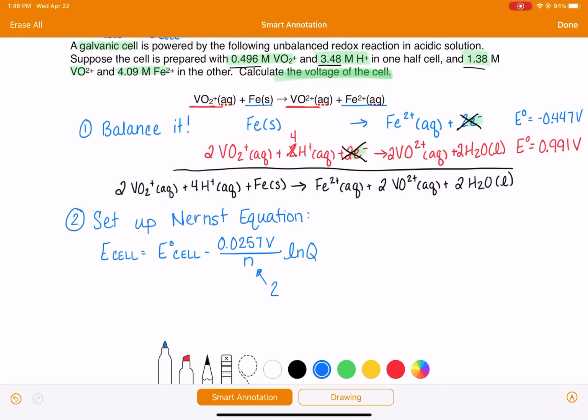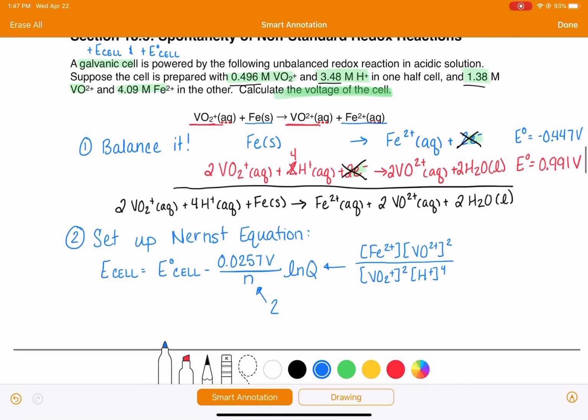We can figure out Q. Q is going to be products over reactants raised to the coefficients. We're going to have Fe2+ times VO2+ squared, we're going to leave out water, over VO2+ squared and H+ to the 4th.